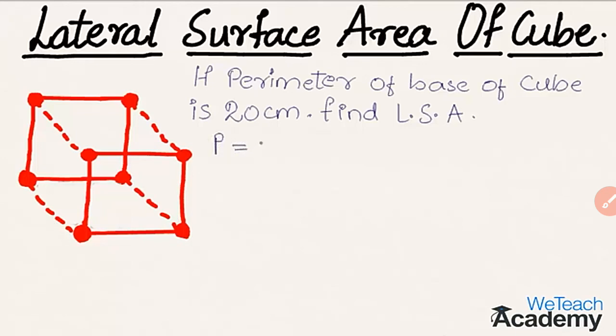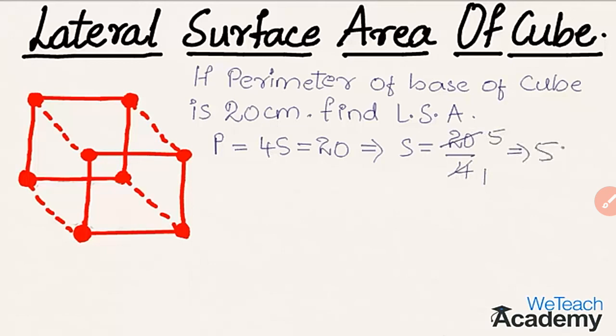The base is in the form of a square, so we can write the perimeter as 4s. Why? Because the base of the cube is in the form of a square. So 4s is equal to 20, s is equal to 20 by 4, which is equal to 5. 4 times 5 is 20. So the side we get is 5 centimeters.